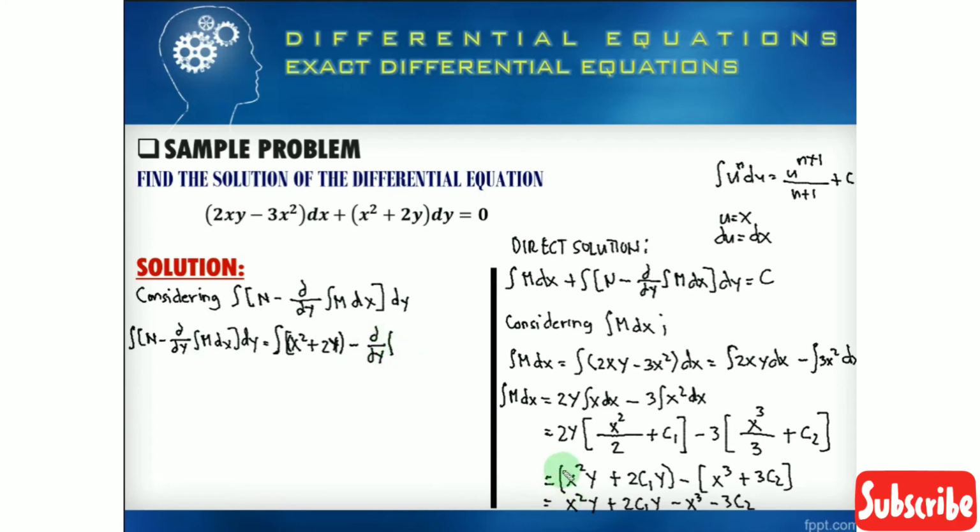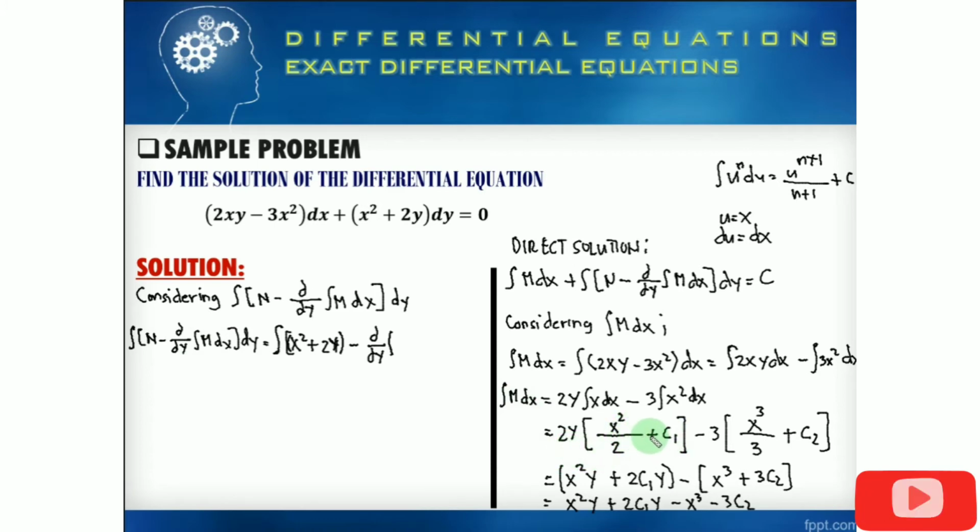We need to have this value for the integral of m dx, and we'll just enclose this one with parentheses, open and close parenthesis. This is the integral of m dx.